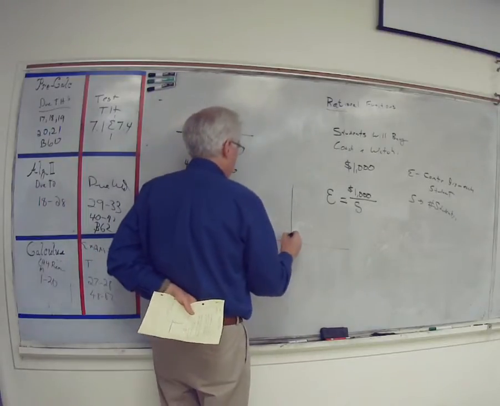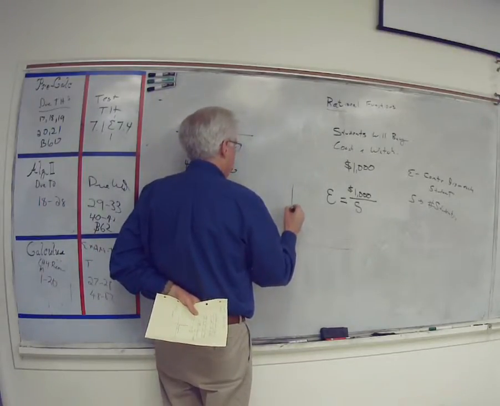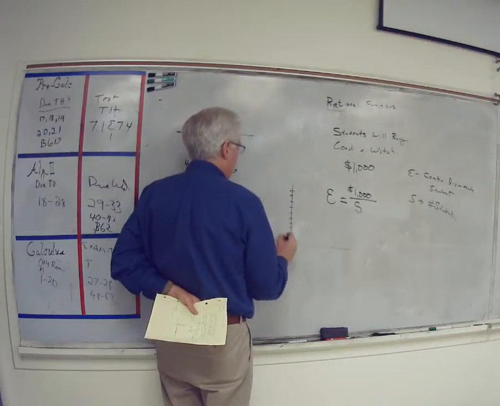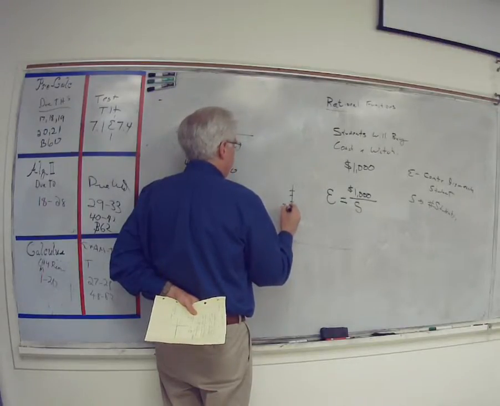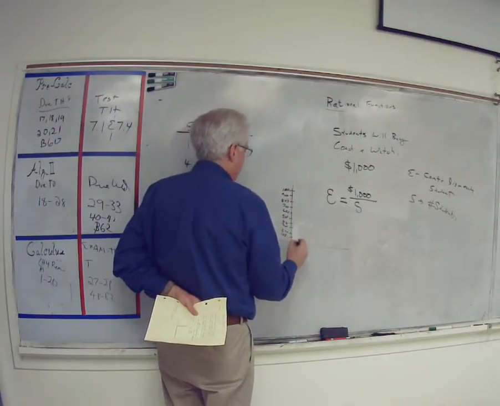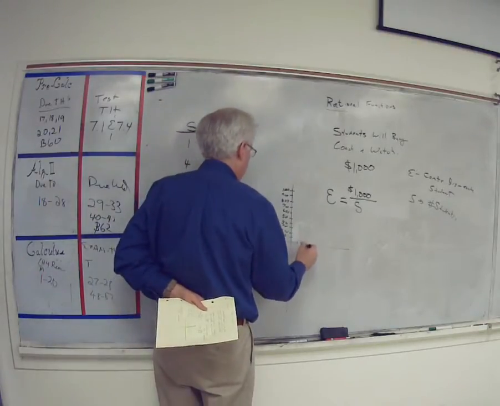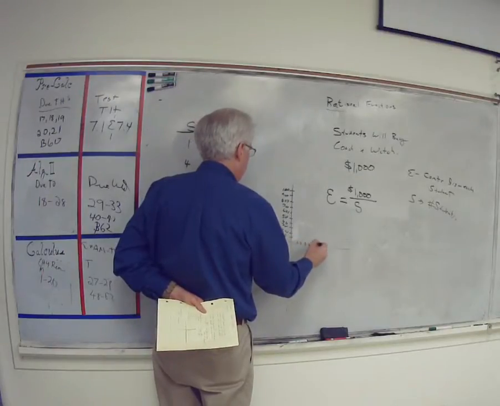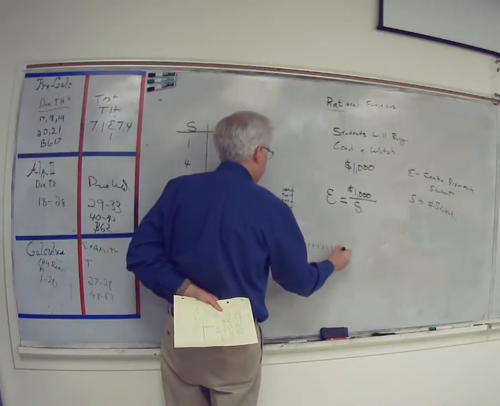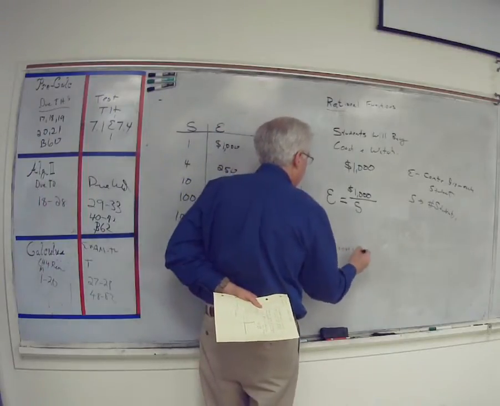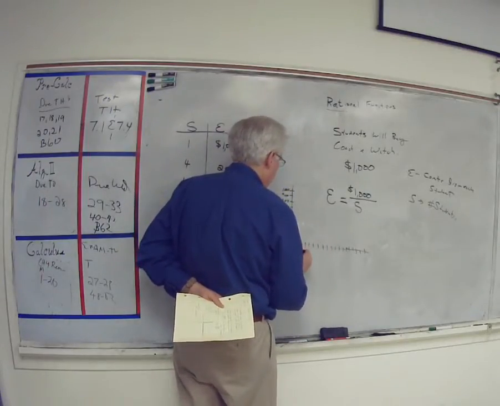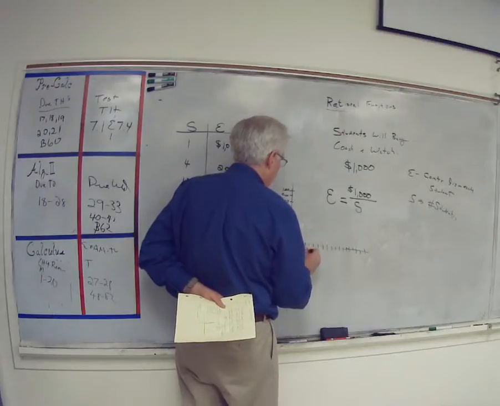Let's go 1, 2, 3, 4, 5, 6, 7, 8, 9, 10 along one axis, and 100, 200, 300, up to 1,000 on the other.